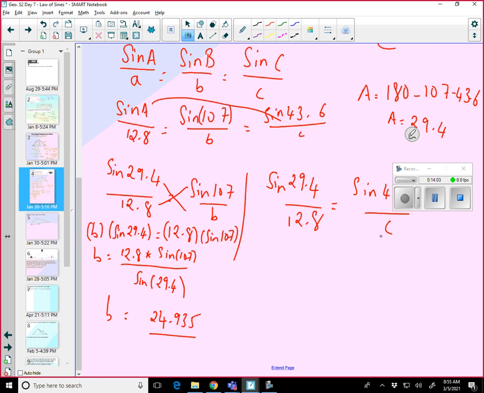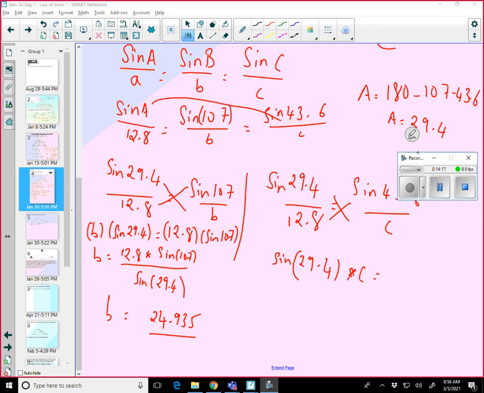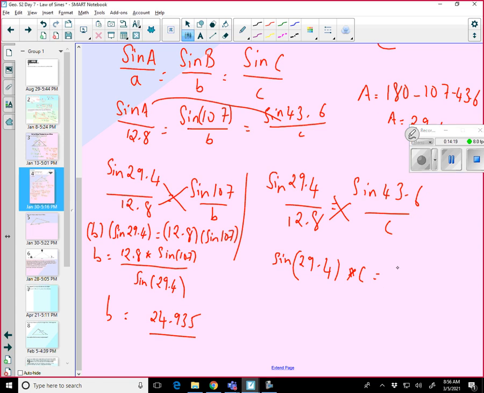Same way, let's get this c. Cross multiply. You will have sine of 29.4 times c equals sine of 43.6 times 12.8.